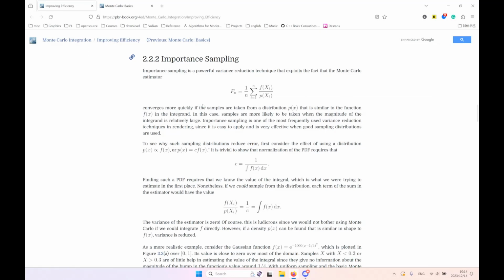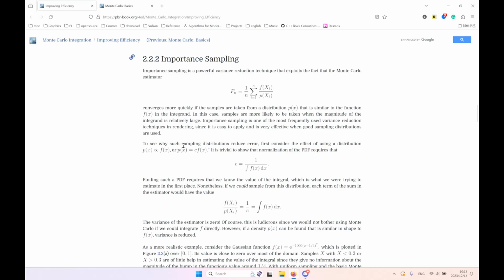Of course, if we already know the perfect distribution, we don't need to estimate it. But if we can have something kind of close, we are able to reduce the variance somehow.